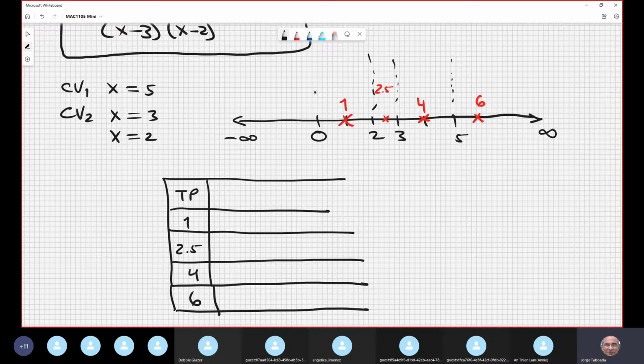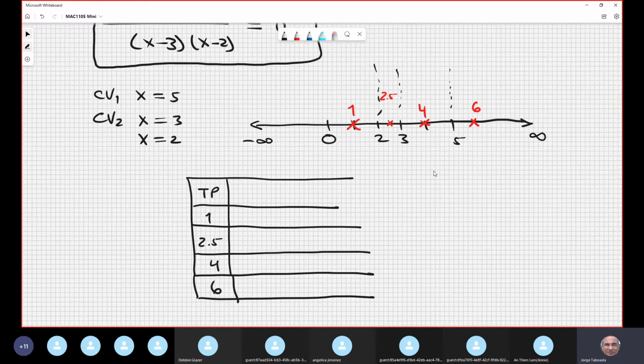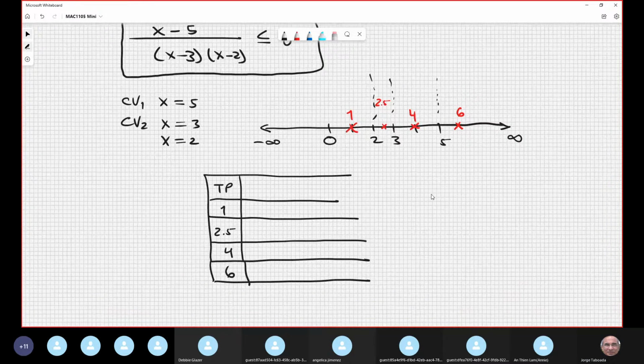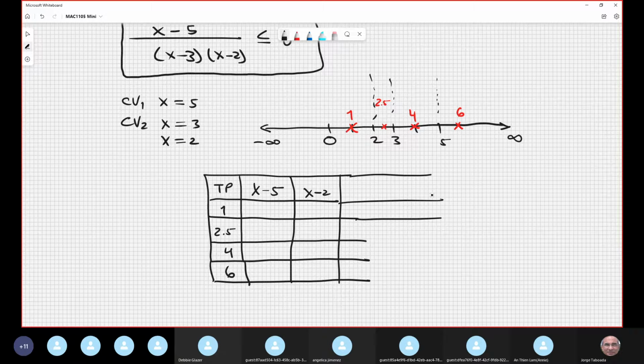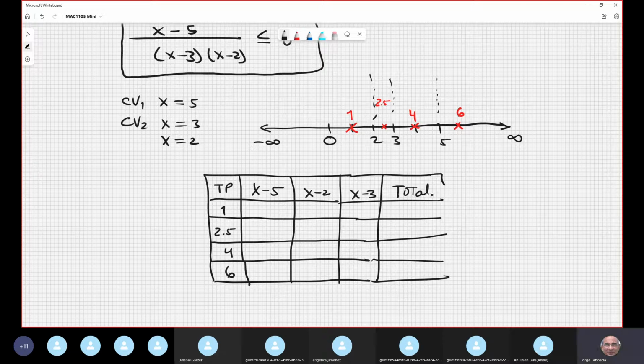The factors in our problem are, look at that, x minus 5, x minus 3, and x minus 2. The order doesn't matter. The order is not important. And the famous column total, in which you summarize the information.